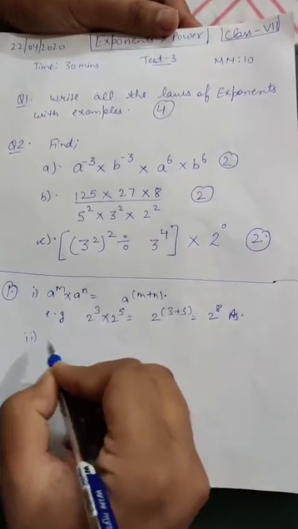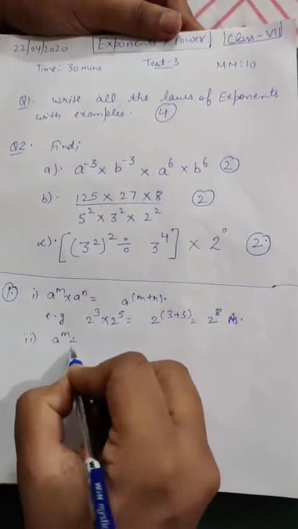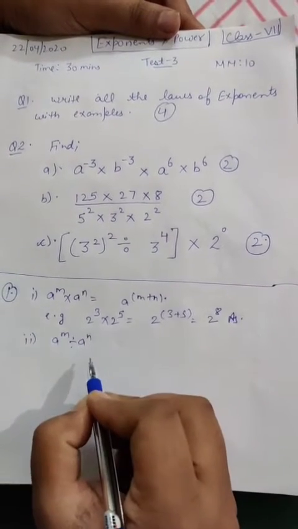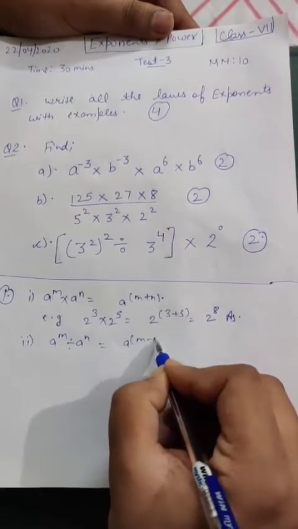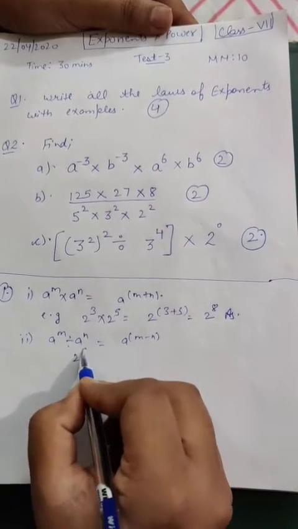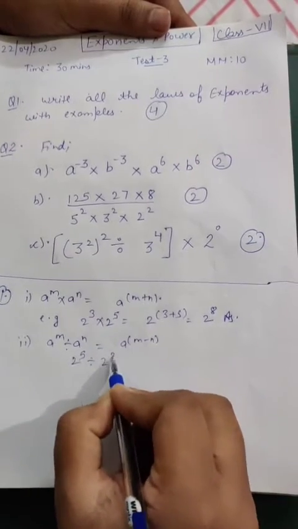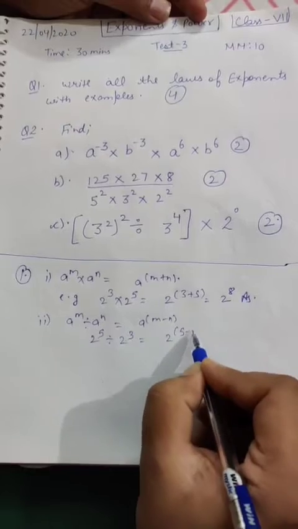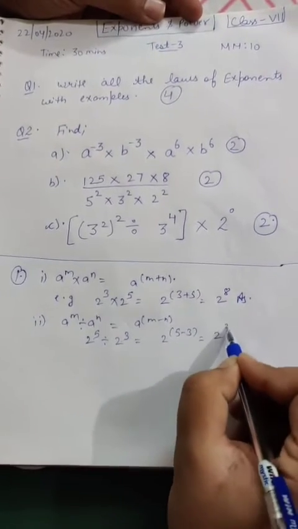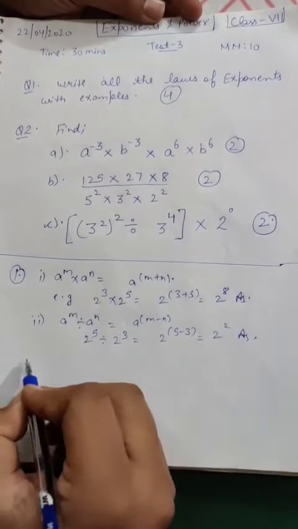Now second, a raised to the power m divided by a raised to the power n. So it will give you the result a raised to the power m minus n. Example, 2 raised to the power 5 divided by 2 raised to the power 3. It will give you 2 raised to the power 5 minus 3, that is 2 square. This is the answer.